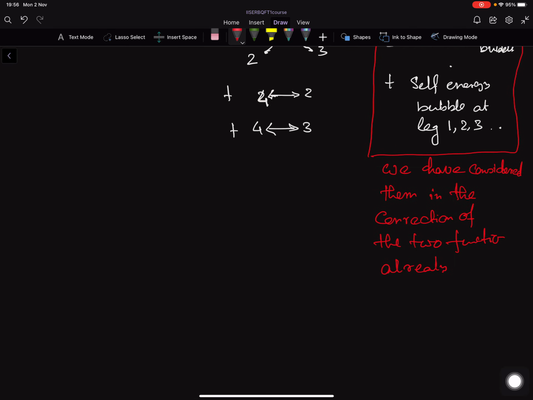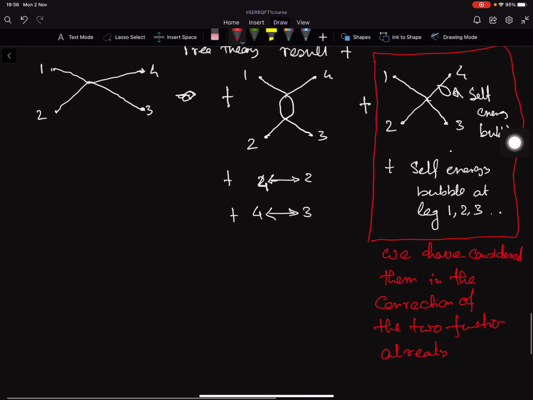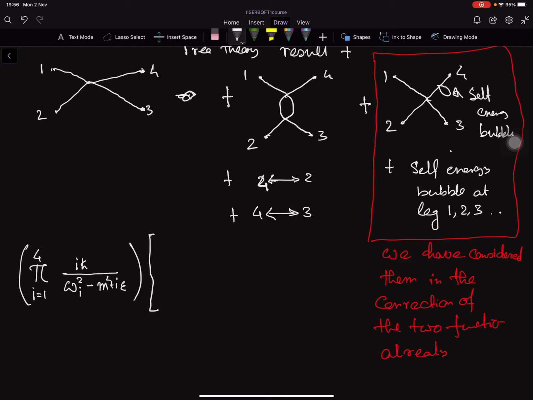So we focus on the other corrections. If we focus on the other corrections, then how do they look? They look like, there are 4 products of this, and then the first term is minus i lambda over h bar, right?